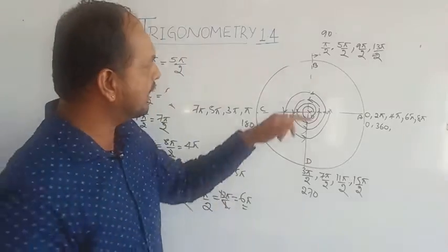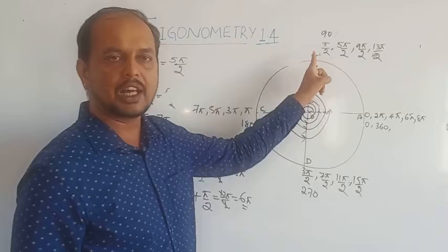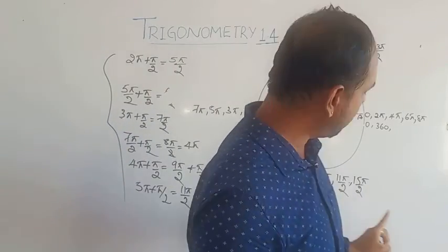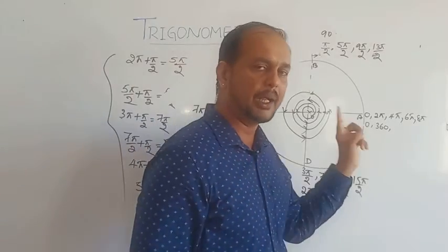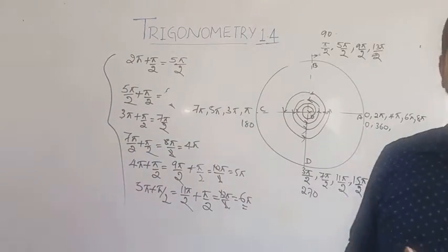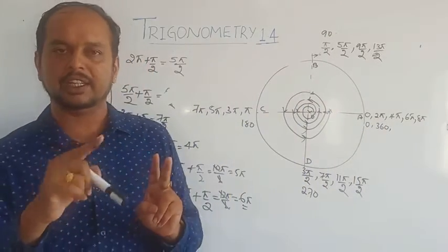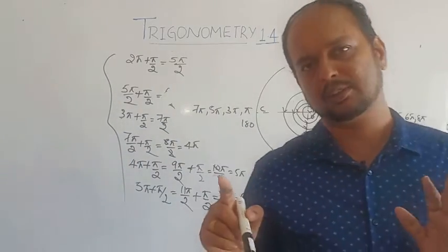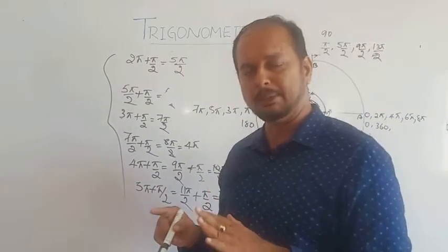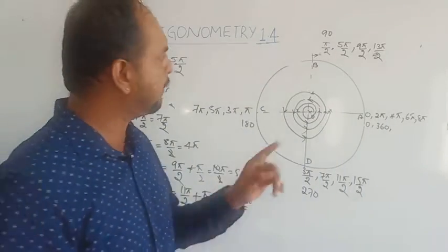Okay. And at Y position, B and D position, first value is pi by 2, remember. Similarly, at negative Y, it will be 3 pi by 2. That means 270 degree. Pi by 2 is 90 degree, 3 pi by 2 is 270 degree. Now, each rotation, it will jump by 4 in the numerator. I mean to say 5 pi by 2, then 9 pi by 2, then 13 pi by 2.